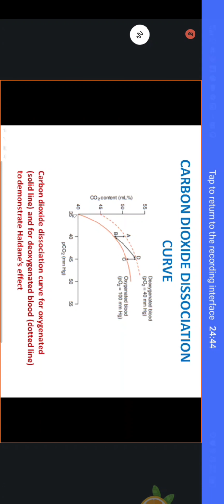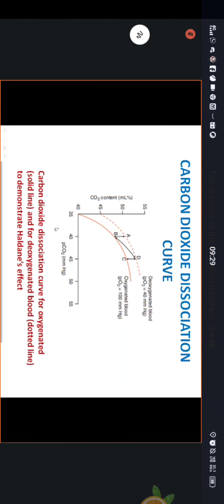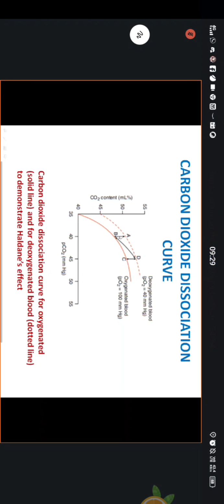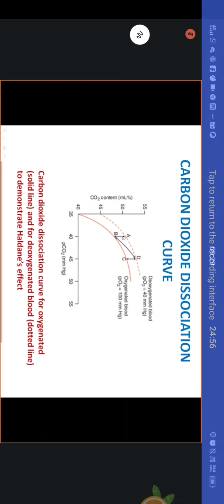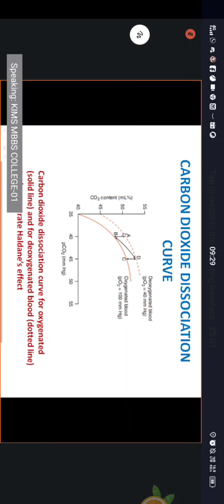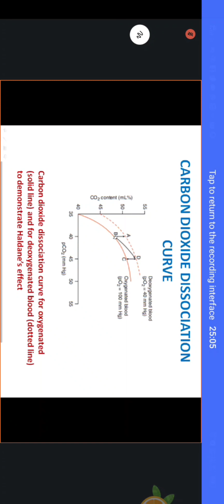So what will happen in the deoxygenated blood, when PCO2 is around 40 mm of Hg? Deoxygenated blood, that is point A, is higher than point B. That means more loading of carbon dioxide takes place at PO2 of 40 mm Hg compared to PO2 of 100 mm Hg.